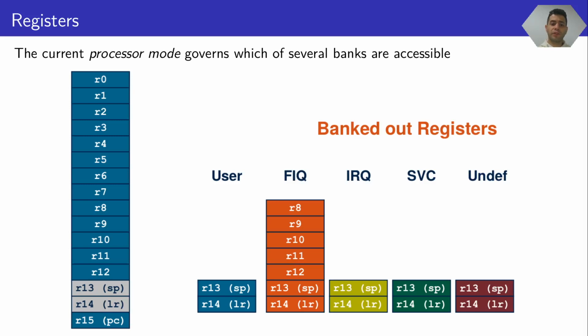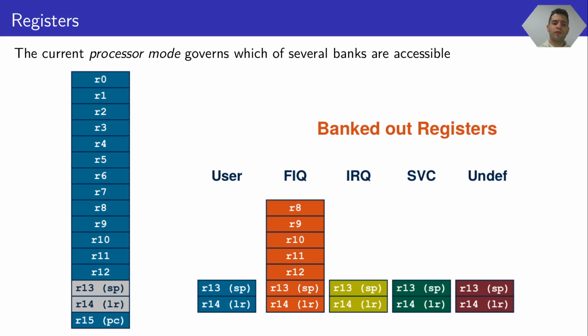On ARM32, we have 16 available registers. However, each processor mode governs which registers are available. It means that if you are in user mode, for example, or in IRQ mode, you have a different copy of the same registers, in this case SP and LR.